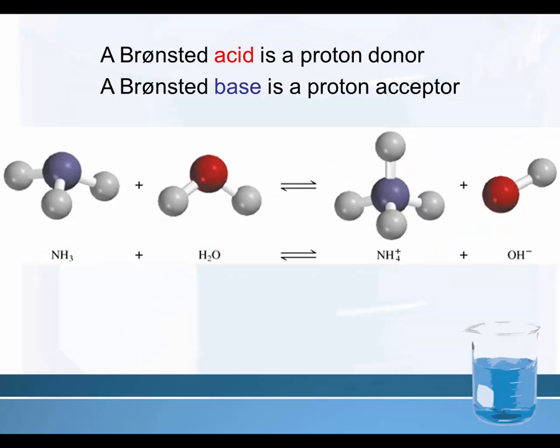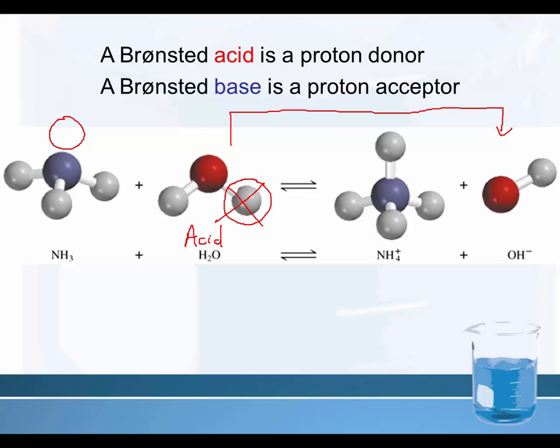Bronsted defines an acid as a proton donor, so you actually have to look at the chemical reaction and go, hey, this thing is actually going to lose this proton when it gets to the other side of the reaction. So I'm going to label this thing as my acid. On the other hand, he's also going to note that this thing, NH3, when it gets to this side of the reaction, winds up having an extra hydrogen.